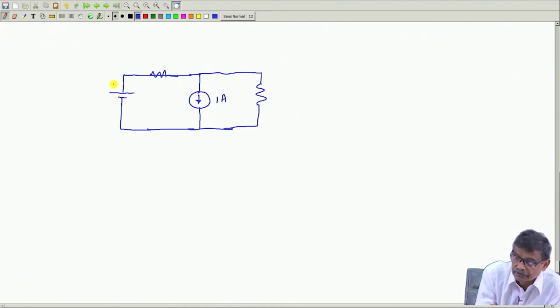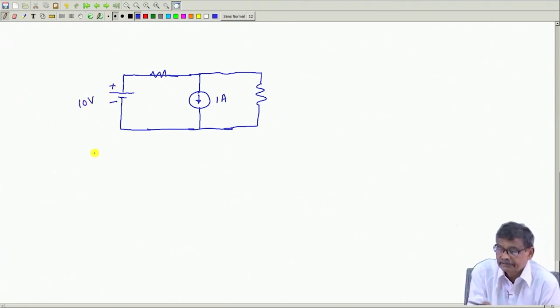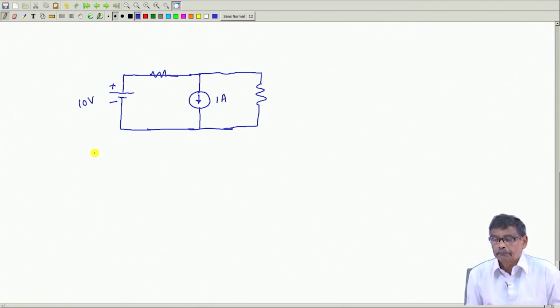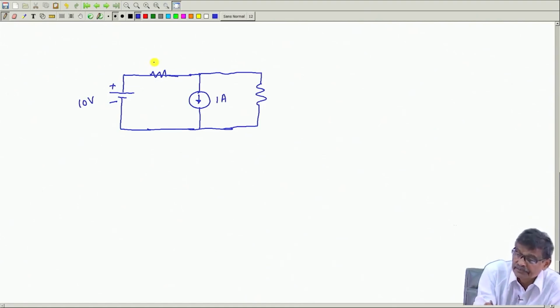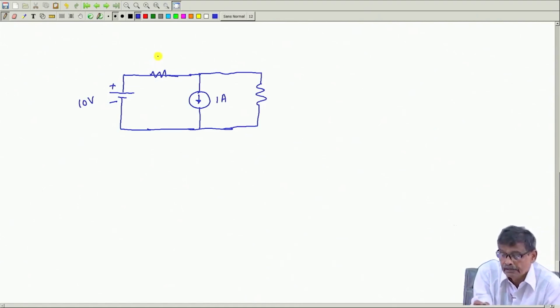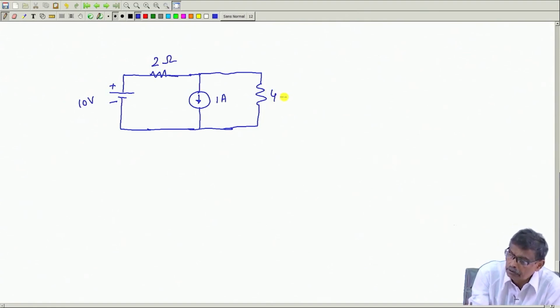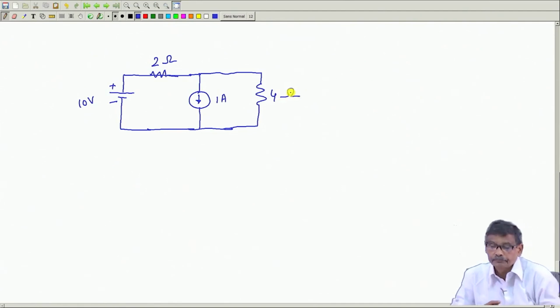I want to find out the current in various parts of this circuit. Let us take a simple example: say this is 2 ohm and this is 4 ohm, like this.